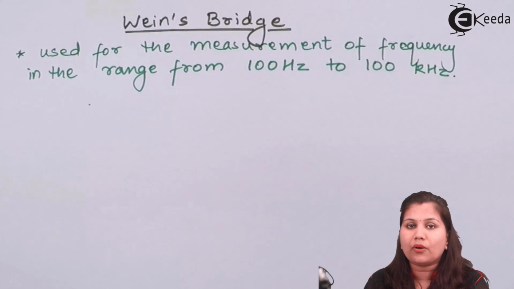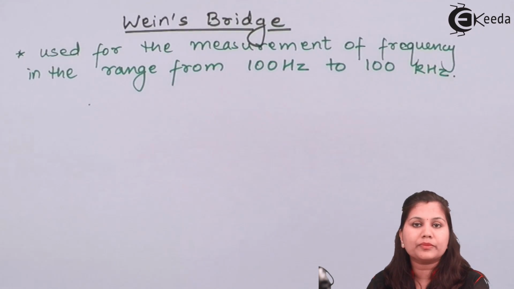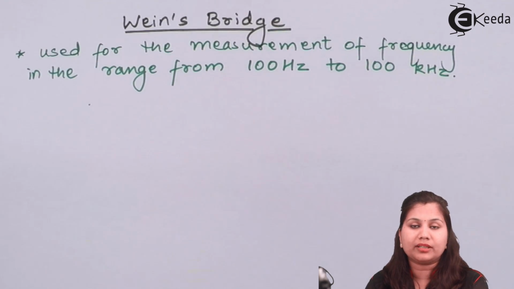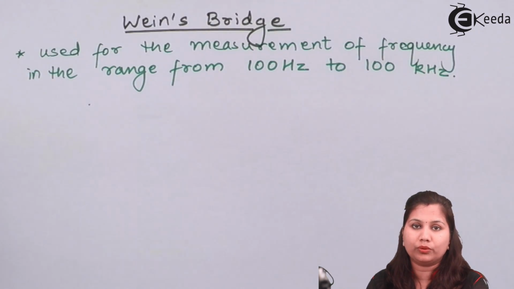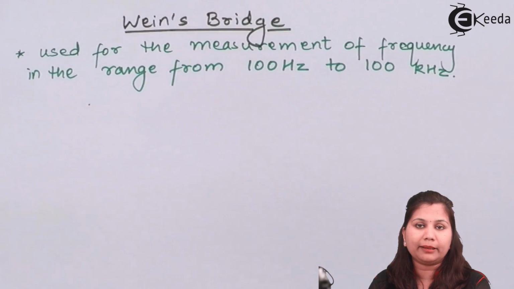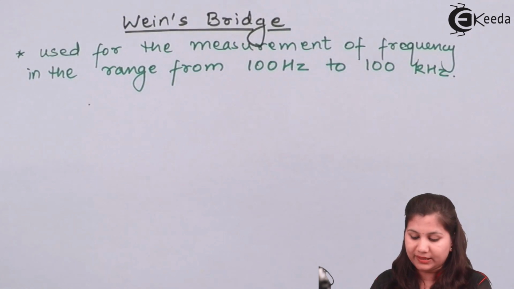And the accuracy of the Weins Bridge is from 0.1% to 0.5%. It is called Weins Bridge after the name of the scientist who invented it. The name of the scientist is also Weins.